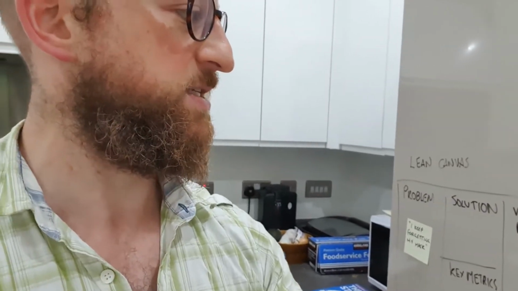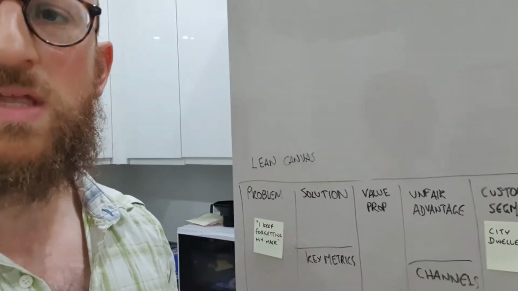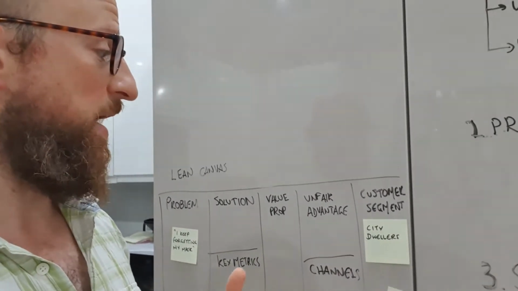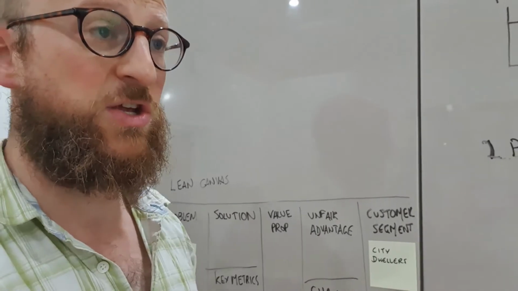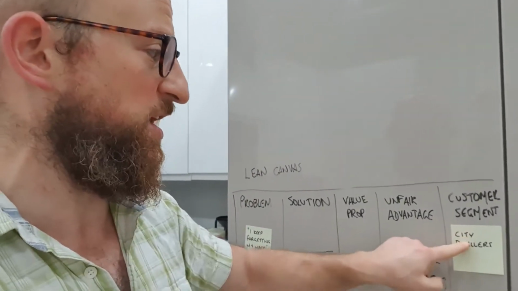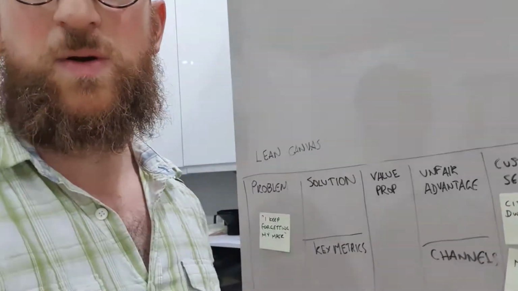So I've picked out three different ideas. So one is city dwellers. Why? City dwellers who I think are more likely to walk to the shops, because if you're a car user, you'd probably put your mask in the car. So I think I've got a design reason to think that city dwellers, millennials, because I'm a millennial, so I understand these people more.